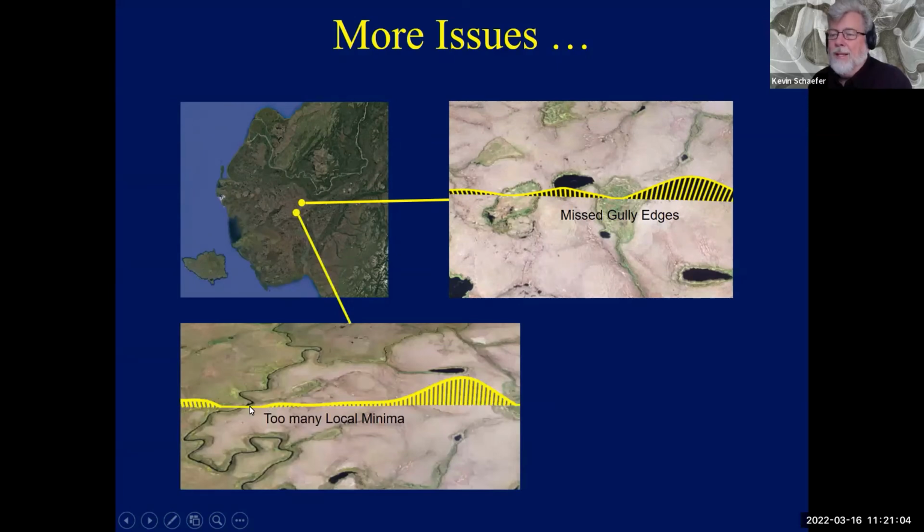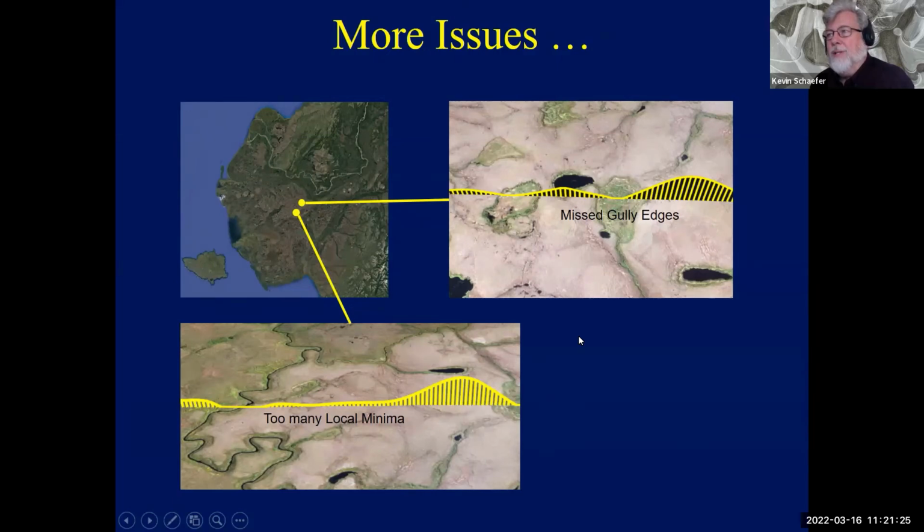Also, in this case, I'm getting too many local minima. This is a fairly large plateau, and my algorithm is finding local minima, but they're not necessarily in the thermokarst gullies where I would want to locate them. And so I'm getting false zeros. I've got to figure out how to deal with that.